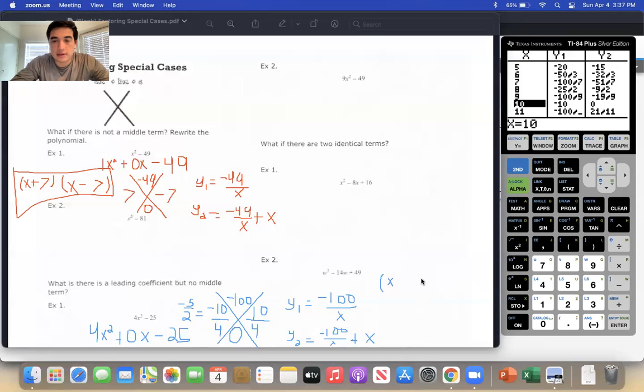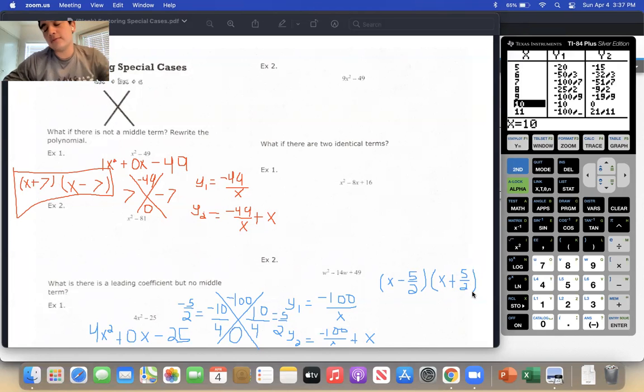So we would think if we were just writing these like normal, it'd be x minus 5 over 2. Okay, there's one factor. My other factor, positive 10 over 4, we can reduce that to 5 over 2, right? Positive. So my other factor would be x plus 5 over 2, okay?